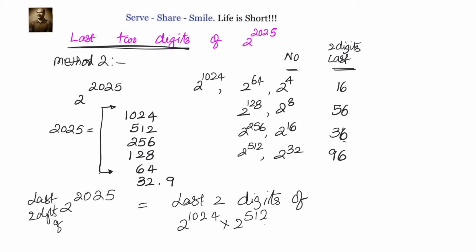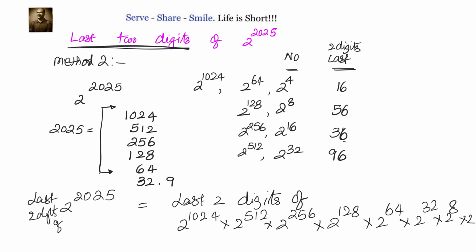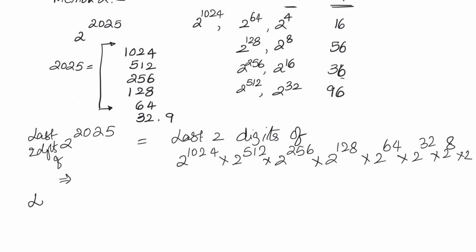We are only interested in the last two digits, and we know the last two digits always come from the last two digits only. So the last two digits of 2 power 1024 is 16, 2 power 512 is 96, 2 power 256 is 36, 2 power 128 is 56, 2 power 64 is 16, 2 power 32 is 96, 2 power 8 is 56, and 2 we have to multiply.